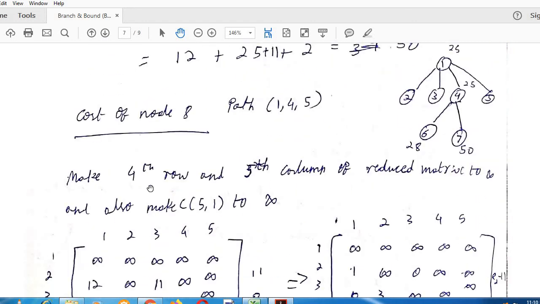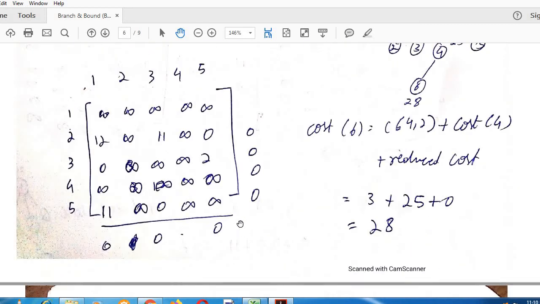Then to find out node 8, that is particular to finding the cost of the path node 1 to 4, 4 to 5. So I will make the fourth row and fifth column element of the reduced matrix infinity, and I will also make the fifth row and first column element of the reduced matrix infinity.